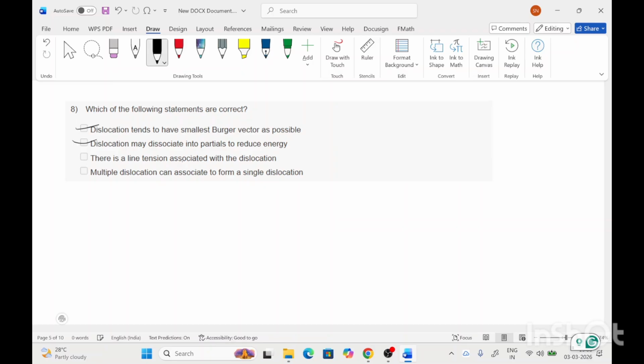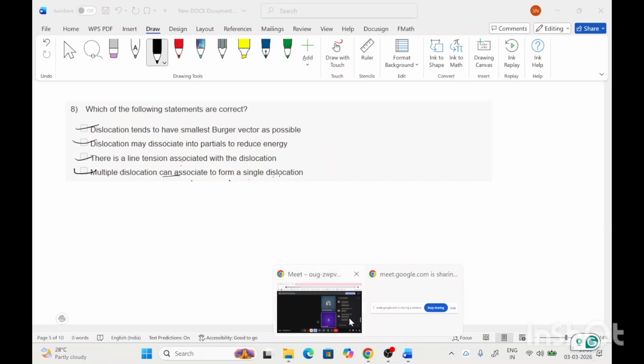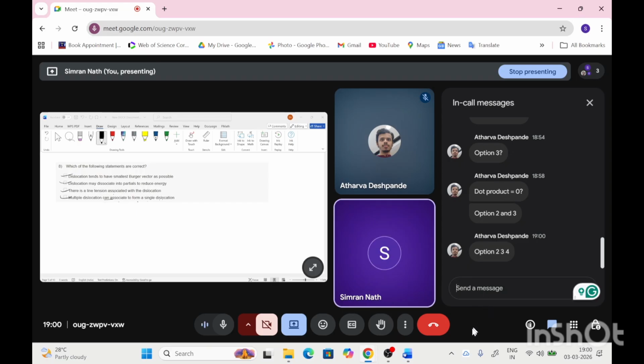There is a line tension associated with the dislocation, and multiple dislocations can associate to form a single dislocation, means if they are reducing the energy. Option 2, 3, and 4. First option is also correct.